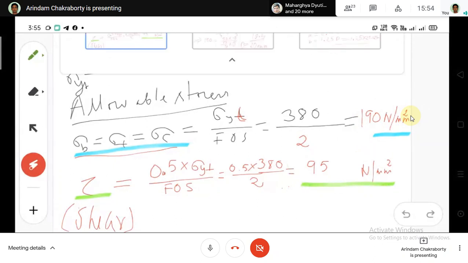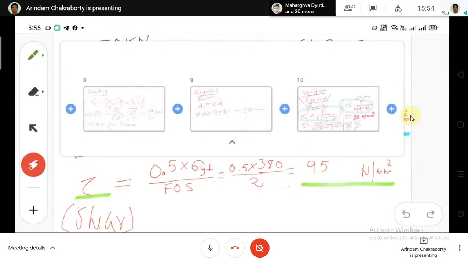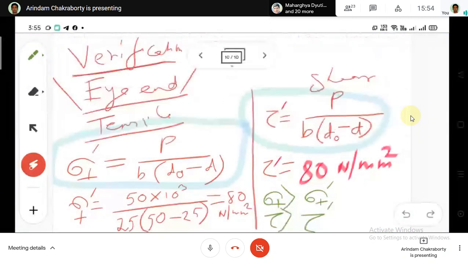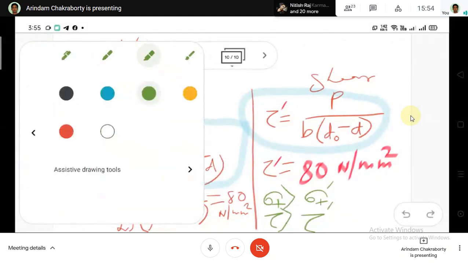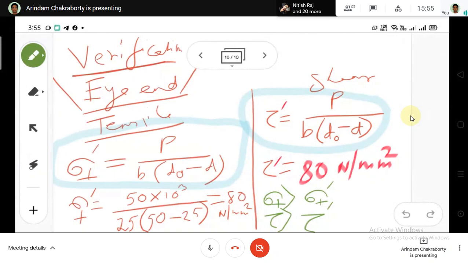As you can see here, it is less than 190 as well as less than 95. So can I tell that the design is safe? Did you get my point? Yes or no?